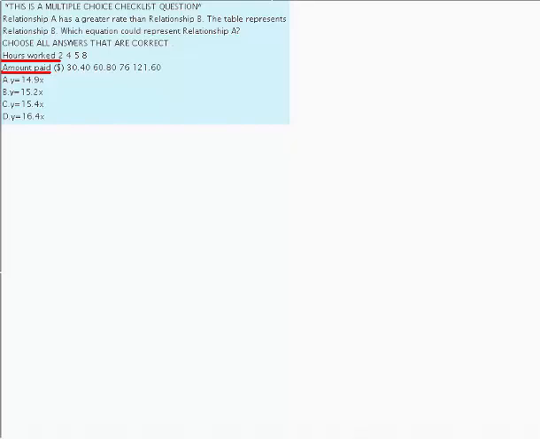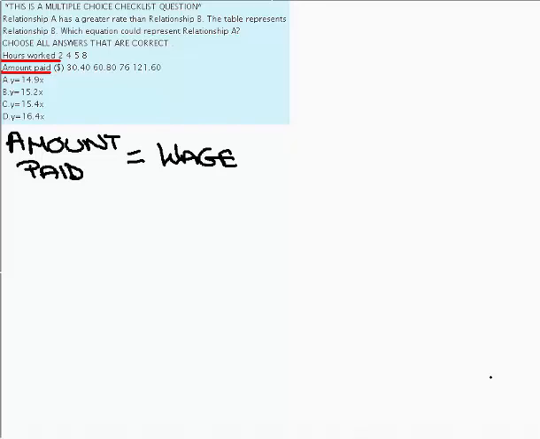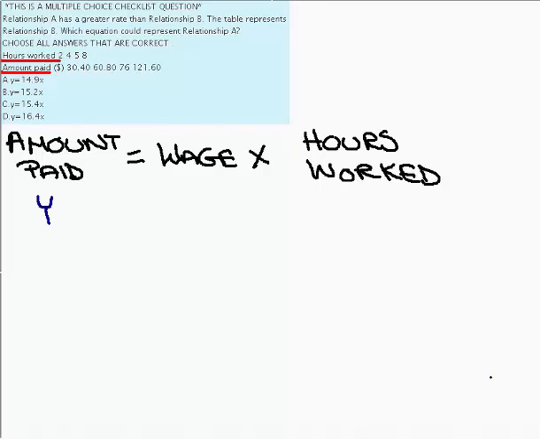The amount of money that you would have been paid was determined by your wage multiplied by the number of hours you would have worked. So the amount paid equals wage times hours worked. Let's say the amount paid is represented by the variable y, which is equal to the wage multiplied by the hours worked x.